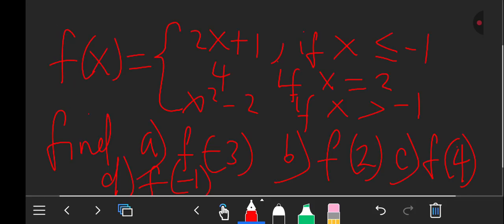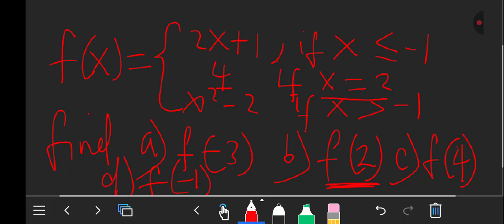Let's look at how we can evaluate B. The second one, we have f of 2. But from this piecewise function, we've been told that the value of f of 2 is 4, because from this second expression, we have 4 when x is equal to 2.